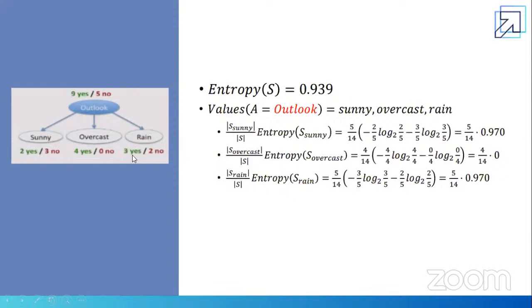And in case of rain, total 5 observations out of 14, out of which 3 are positive and 2 are negative. I hope this is clear. Okay.